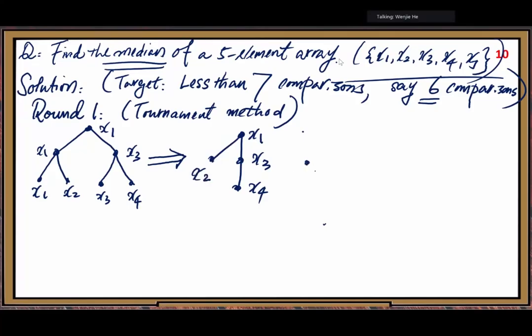Then one element X5 here. But we don't want to sort it. The question is, we don't want to sort it. So we need to do something different. If we do the binary insertion, then it's the same as the sorting problem. So this time, we need to do something different.